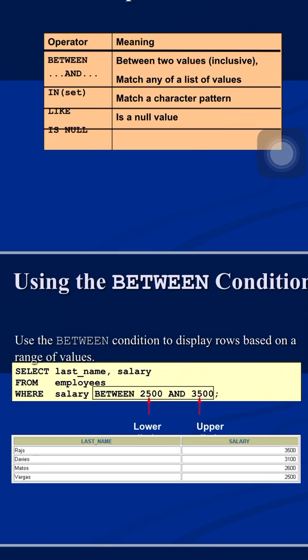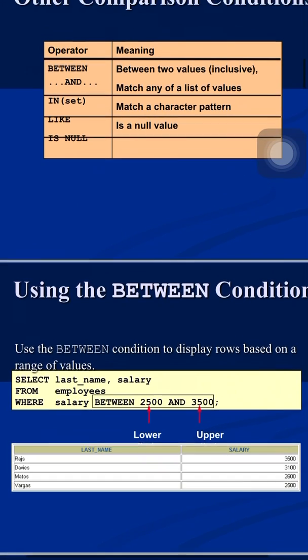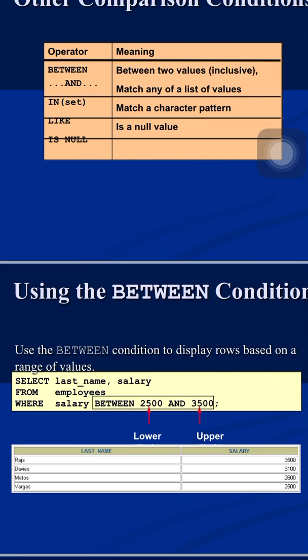We all know that the lower limit value has to be written first and then the upper limit value. Now the SQL engine will not take this as an error in your syntax. Rather, it will try to find values which are greater than or equal to 3500 and less than or equal to 2500. But we all know that there is no such value. So the output of this query will be no rows returned.